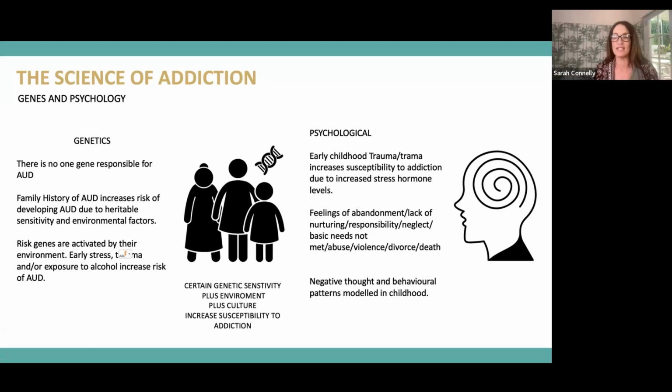The sensitivity from a genetic perspective comes in many different forms, but primarily it's sensitivity to certain substances based on lower levels of neurotransmitters such as dopamine, serotonin, and also increased hormone levels in terms of adrenaline and cortisol.